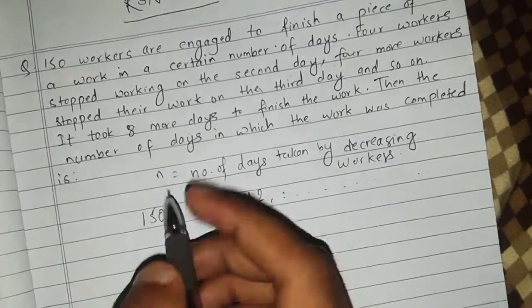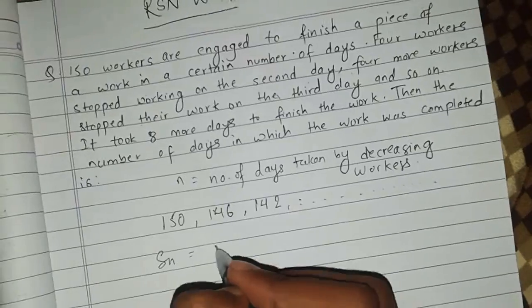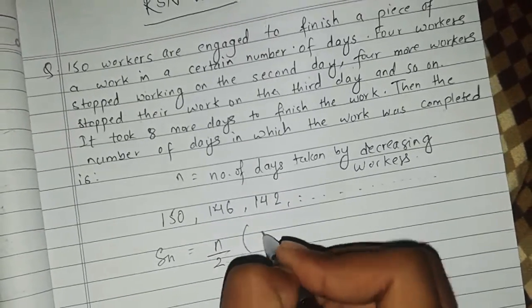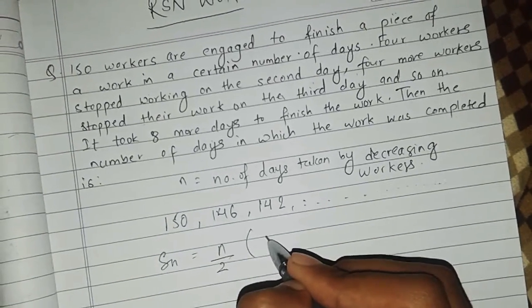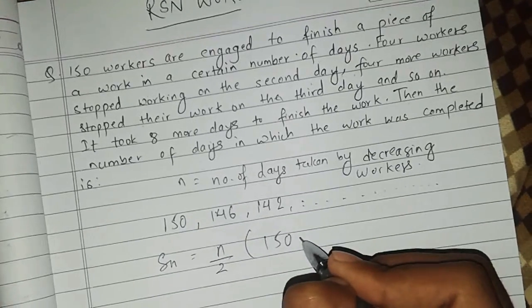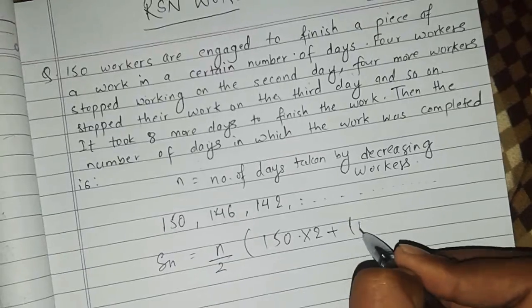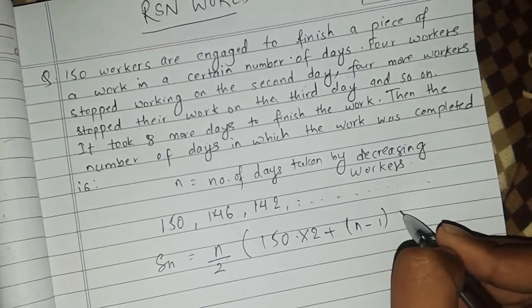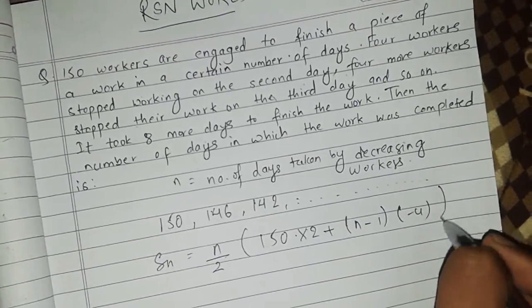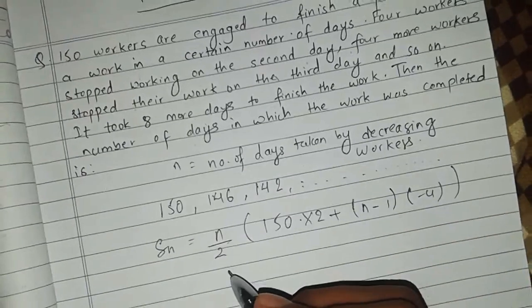Let us find out the sum of these numbers. So Sn equals n by 2, the first term is 150, into 2a plus n minus 1 into d, which is minus 4. As the number is decreasing, the difference will be minus 4.